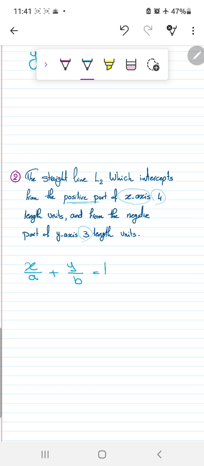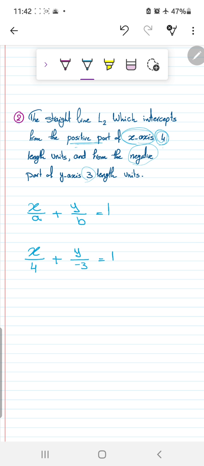Direct substitution: x over a, the intercepted part of the x-axis, which is positive 4. So x over 4 plus y over b, the intercepted part of the y-axis, but here it is the negative part, so y over negative 3 equals 1. How to solve this? Multiply the equation by 3 times 4, which is 12.